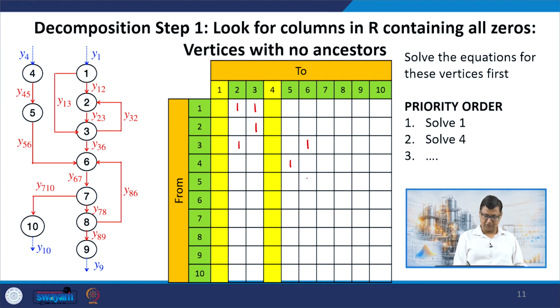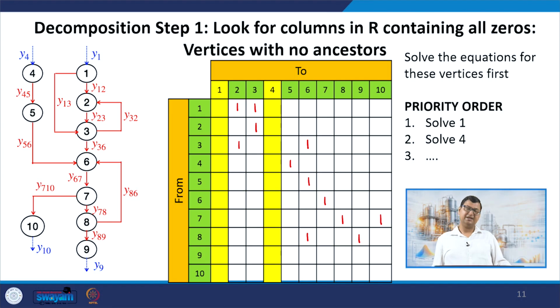From 5 I can go to 6. I'm essentially repeating the steps I have done. From 6 I can go to 7. From 7 I can go to 8 and 10, and from 8 I can go to 6 and 9, and from 9 and 10 I cannot go anywhere.